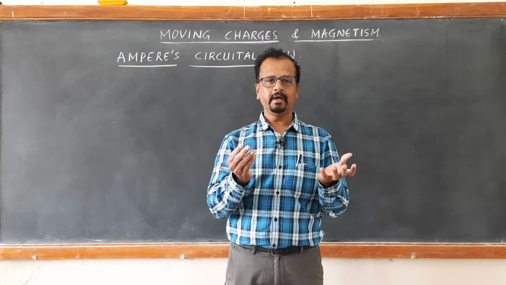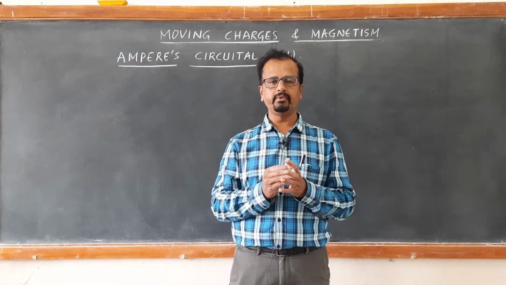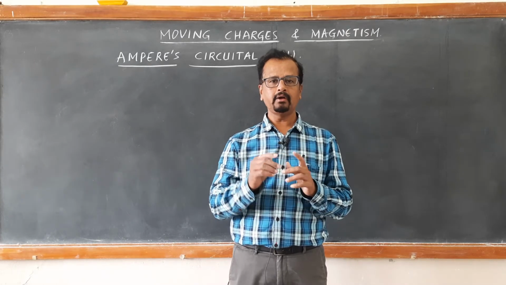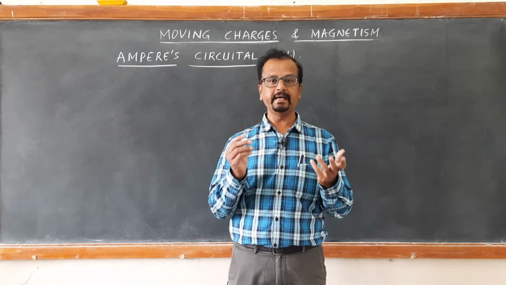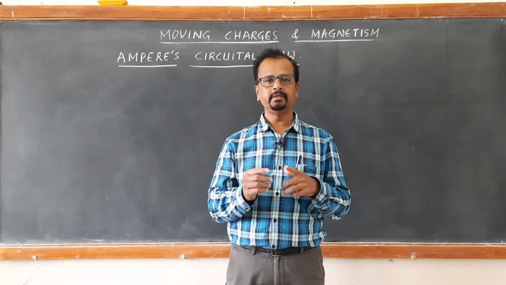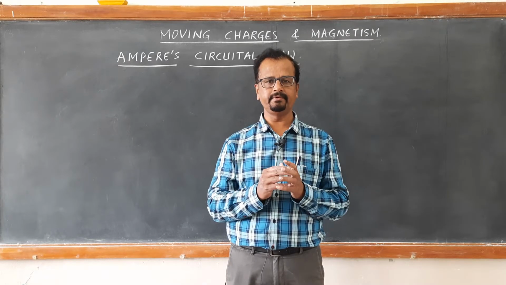That is evident from Oersted's experiment. And using Biot-Savart law, we have found out how to calculate the magnetic field around a current element, and how to find the magnetic field due to any wire of arbitrary shape, right?